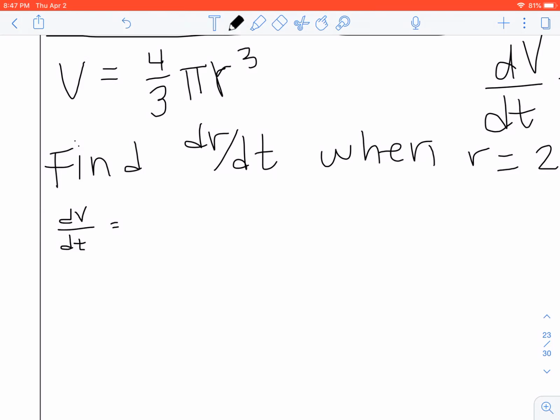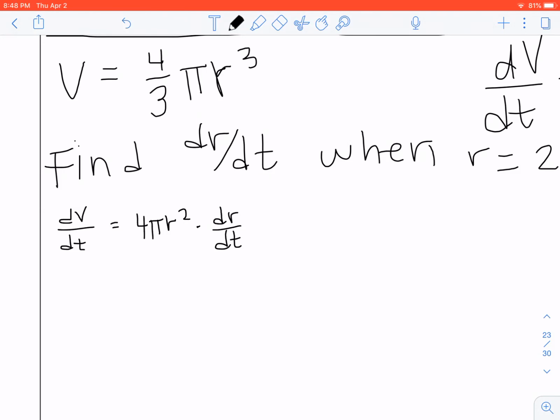Then we have 4/3 pi r cubed, and we take the derivative of the right side with respect to time. Well, 4/3 and pi are just constants, and we have the power rule. So 4/3 pi times 3 is just going to be 4 pi r squared. And again, we're taking the derivative of r with respect to time, so dr/dt.